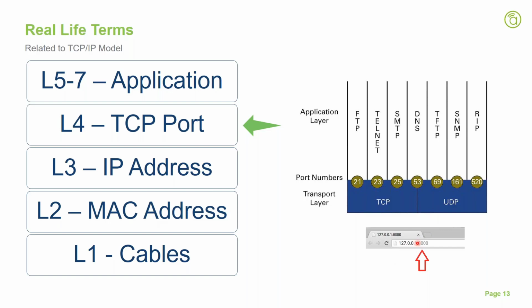If you don't type the colon and a specific port number, the browser automatically assumes this is an HTTP request and automatically assumes it's port 80. But in cases where you see it, for example, in surveillance NVRs and DVRs, sometimes you have to access that on a specific port that is not a standard HTTP port.